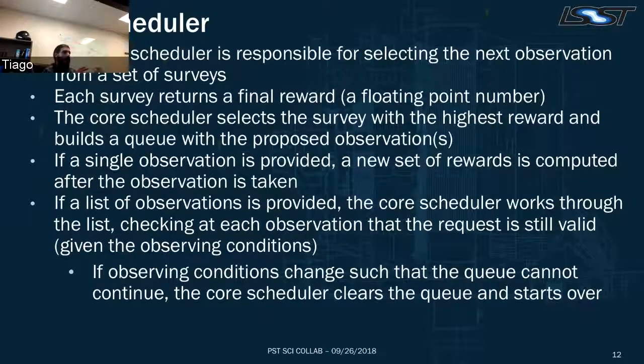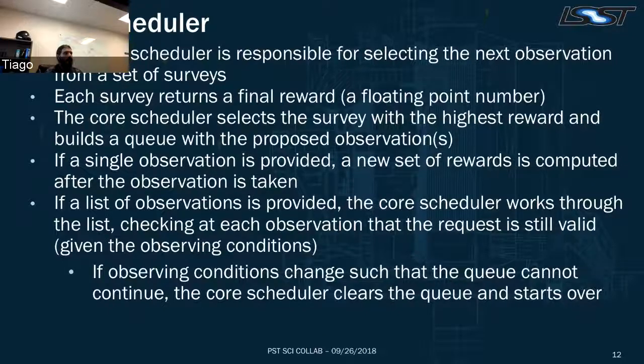So one of the things that happens from time to time is that we are in the middle of a deep drilling field. The deep drilling survey gives a list of observations, and in the middle of the sequence, the seeing or the cloud gets out of the observing range. So in this case, we need to interrupt the sequence. The survey has a logic to tell the core scheduler, okay, this observation is out of range, just clear the queue.